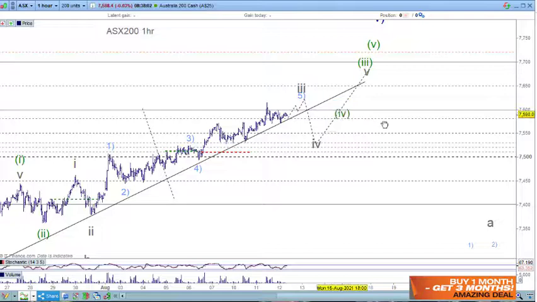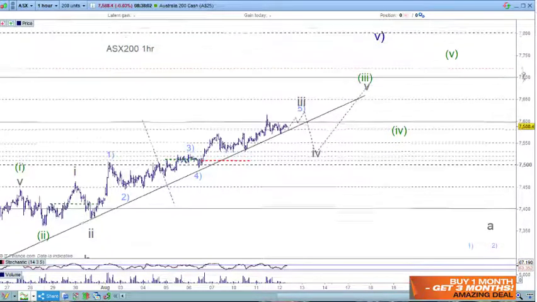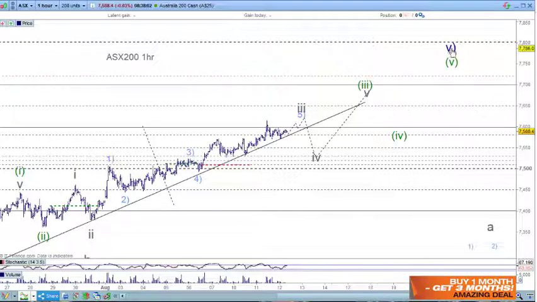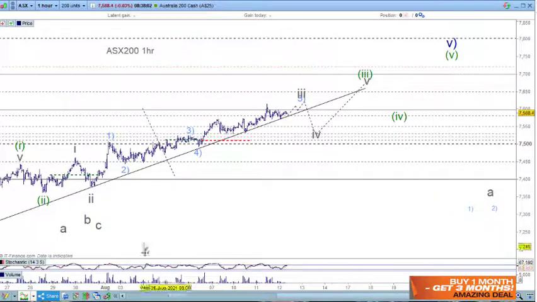So that will be over here, probably a bit higher. That will be over here. So we've still got higher to go with all of this. That's the main thing. But the wave 4s can make the whole price distance more time consuming, so be a little bit mindful of that.